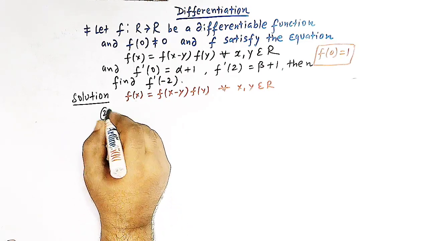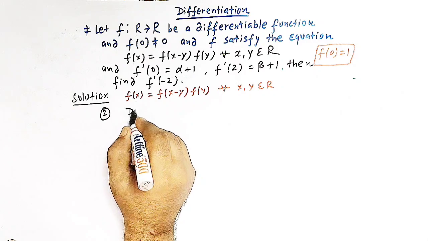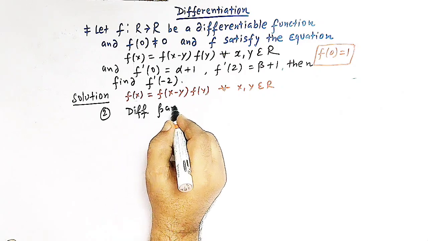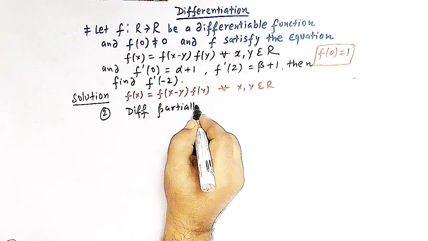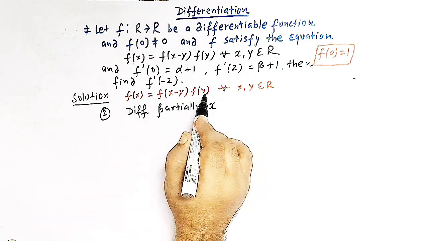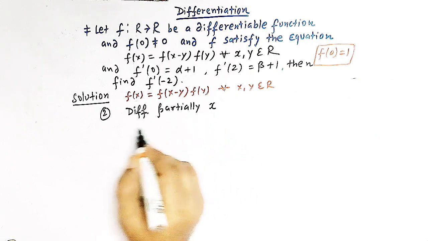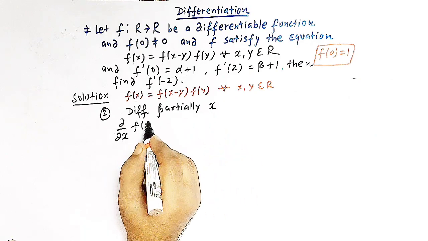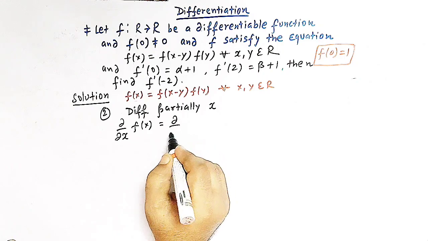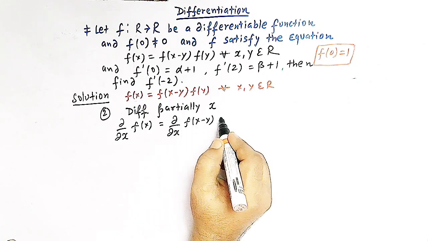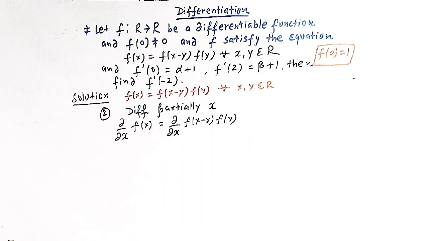So the second step is to differentiate both sides partially with respect to x. So we'll take the partial derivatives of both sides with respect to x. So we have del by del x of f of x, and here we have del by del x of f of x minus y times f of y.